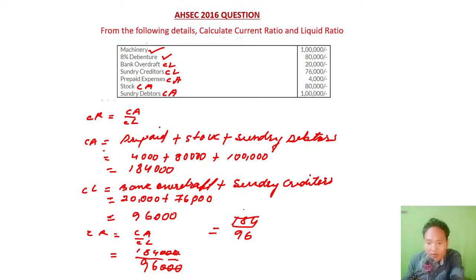We can reduce it. 4 into 4 is 16, 4 7s are 28, 4 2s are 8, 4 4s are 16. We will get the ratio in the form of 47:24. So students are asked to reduce it to the lowest form. So this is the solution.